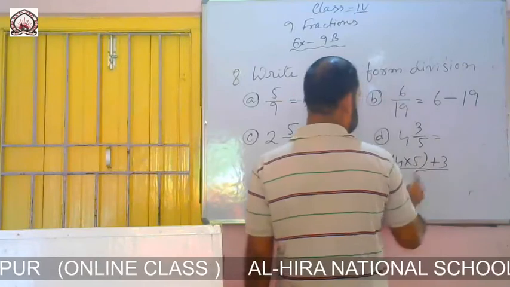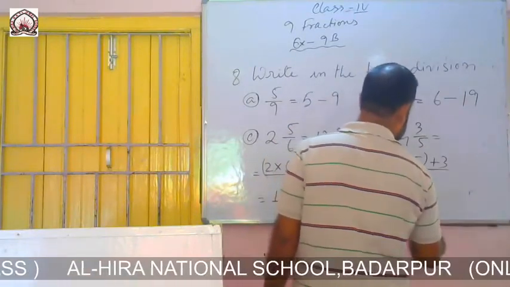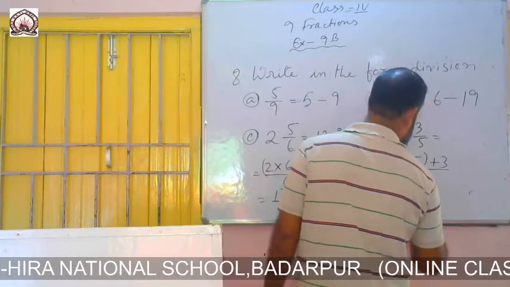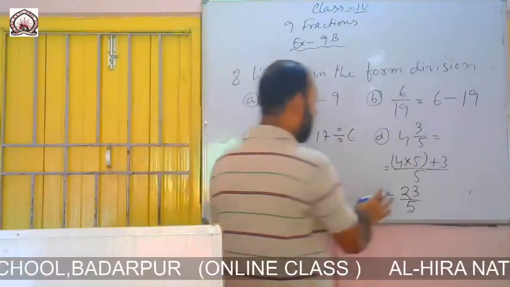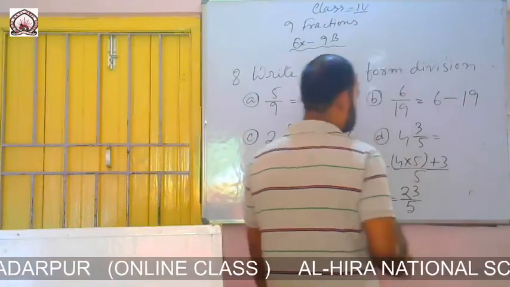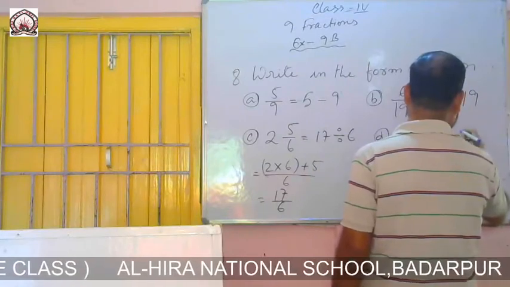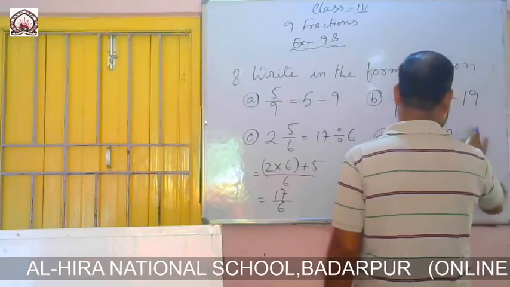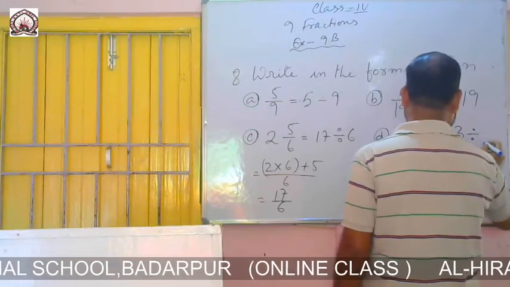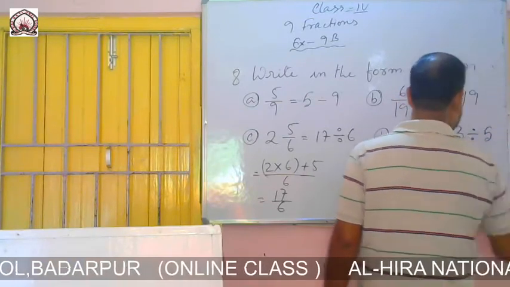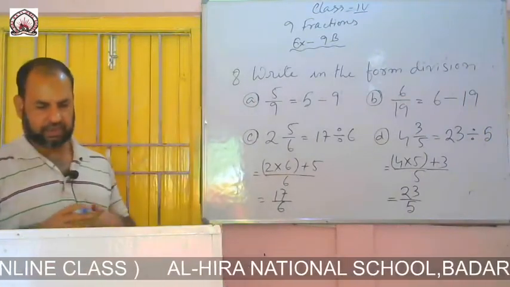Now 4 fives are 20, 20 plus 3 is 23, 23 by 5. So if we write it in the form of division, 23 divided by 5.